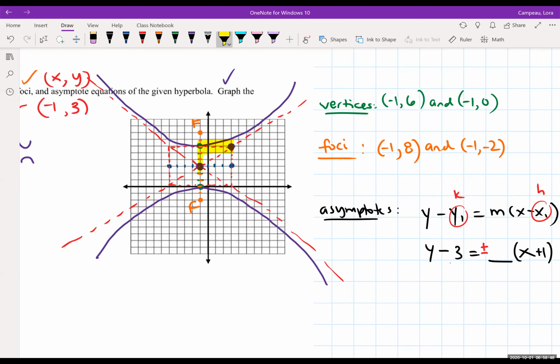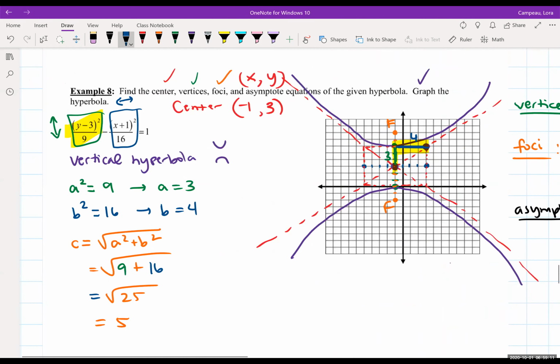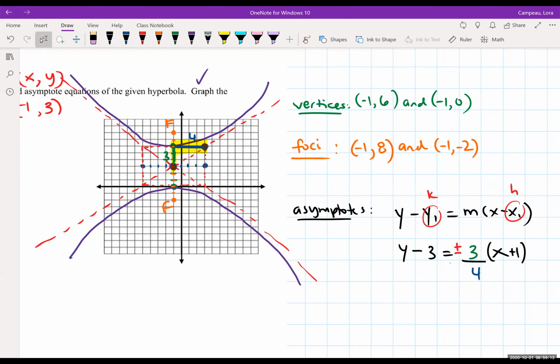So a little slope triangle right here, and you're again using your a and your b. So it looks like we have 3 units up, that is our rise, and 4 units as our run, 3 over 4. And I guess if you're looking at the formula sheet, then you would say, what is it, a over b? But counting just does the job.